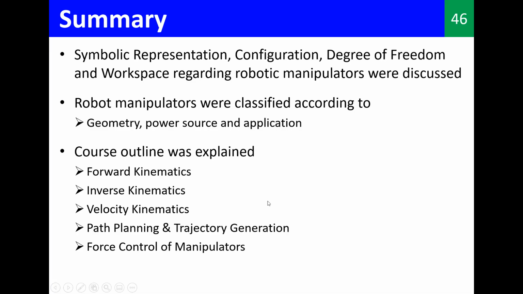If you want to achieve certain velocity, what is the motor velocity, the motor speeds that we should give, right? So that's about velocity and path planning and trajectories, like from A to B, how we can actually have a smooth trajectory, how we can create it, right? And finally, about the force control. So in order to get some force at the tool, what is the torque that we give to the motors, right?